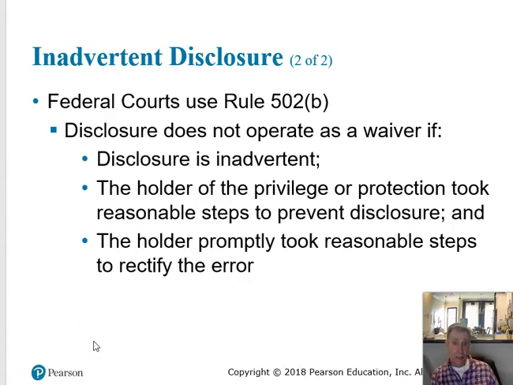In federal courts, disclosure does not operate as a waiver if the disclosure is inadvertent, the holder of the privilege or protection took reasonable steps to prevent disclosure, and the holder promptly took reasonable steps to rectify the error. If you listen closely to the Jones case, you'll see that last step never occurred.